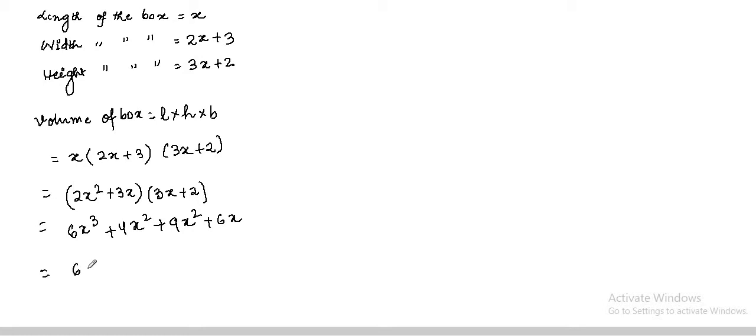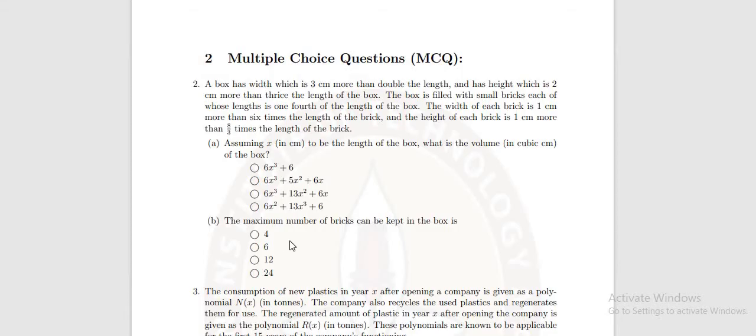Further simplified, this gives 6x cube plus 13x square plus 6x. Checking the options, option C resembles the solution we obtained, so option C is absolutely correct.